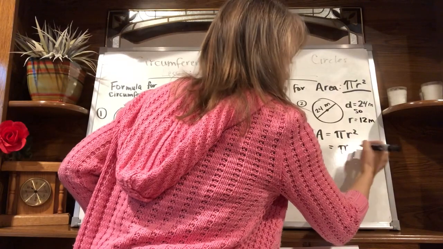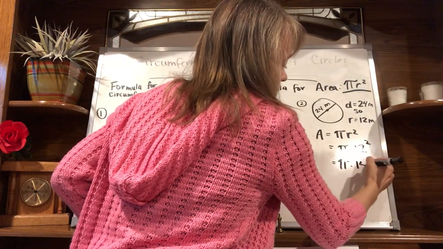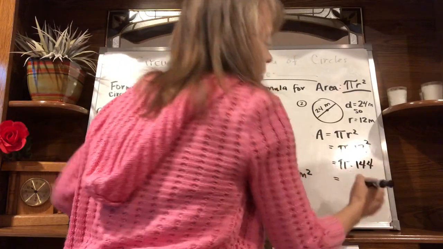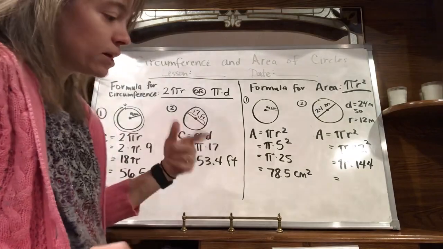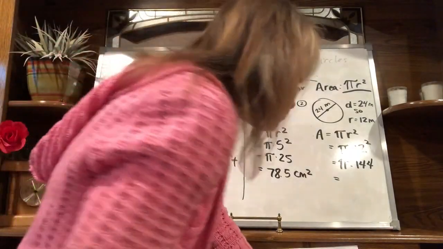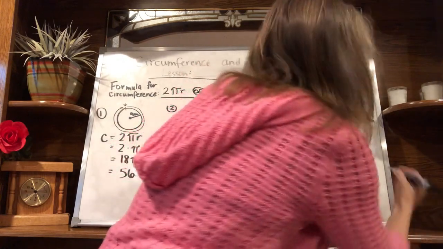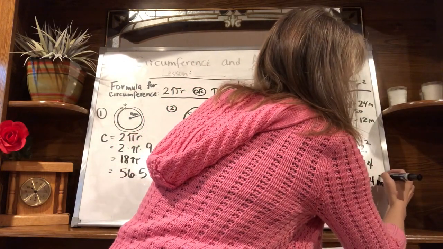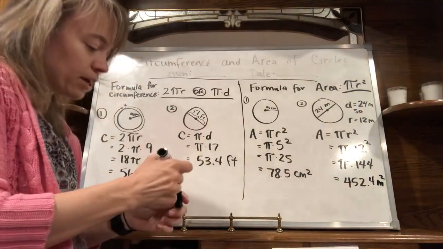Pi times 12 squared is pi times 144. Remember not to do 12 times 2, do 12 times 12. It's squared, not times 2. And for that, I got 452.4. Again, square units, so square meters for that.